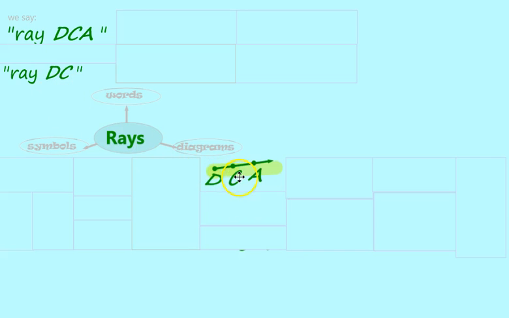Now, this is even a more interesting case. Three letters used for a ray. So if you mean that you're working with the ray named ray DCA, then you also have to recognize that ray DC has the same beginning and goes indefinitely in the same direction as ray DCA.